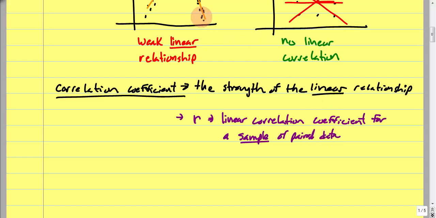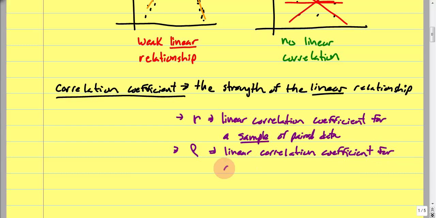Now, because this is based on a sample, it's doing its best to estimate the correlation coefficient for a population, and this is represented by the Greek letter rho. So this is the linear correlation coefficient for a population of paired data.